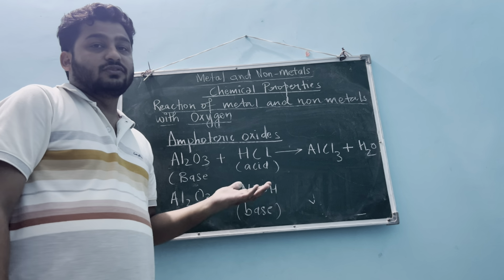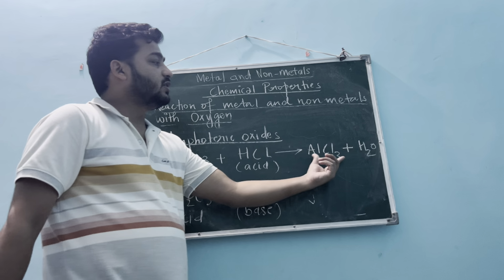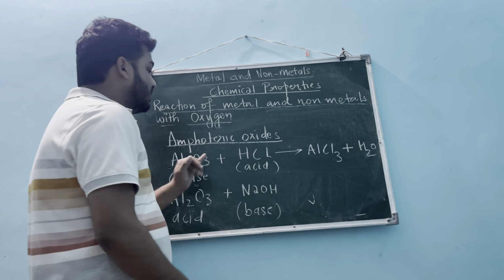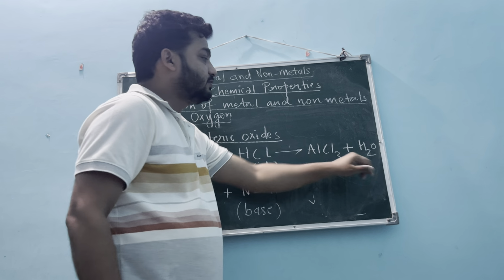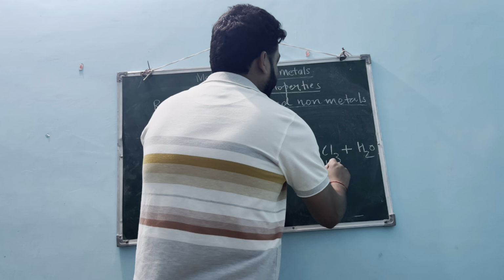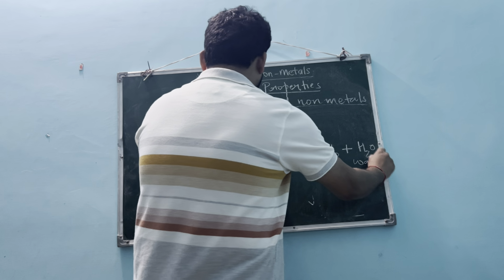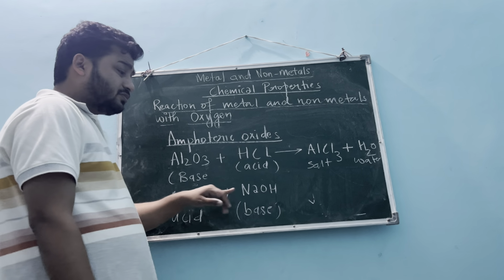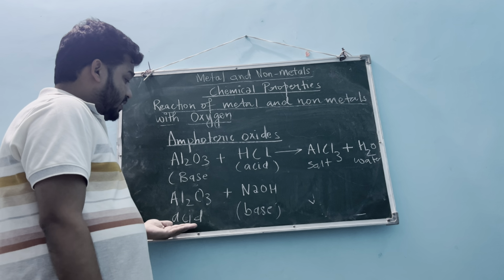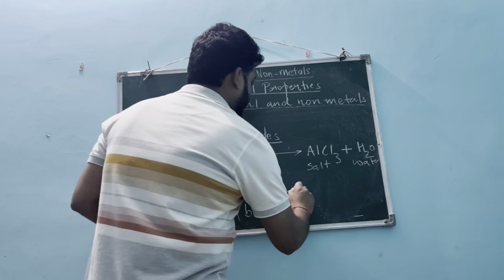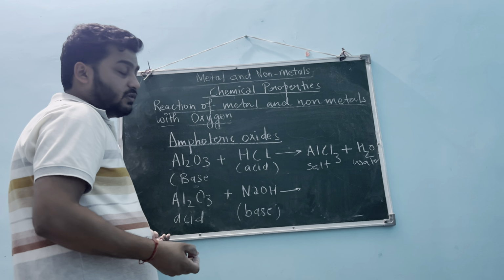This is a kind of neutralization reaction where salt and water are formed. When acid and base react, they form salt and water. Very simple. And in this equation, salt and water will form.